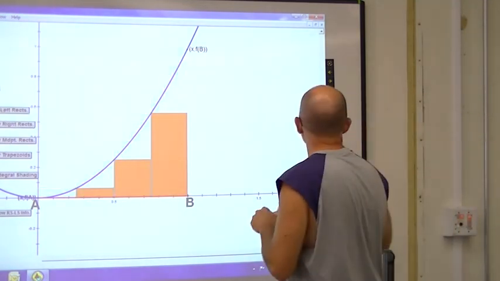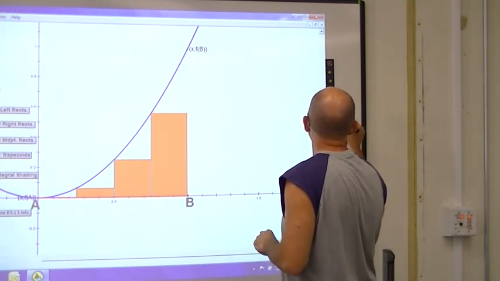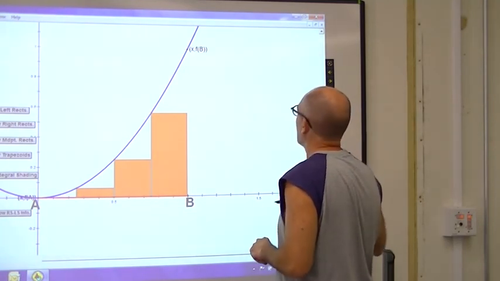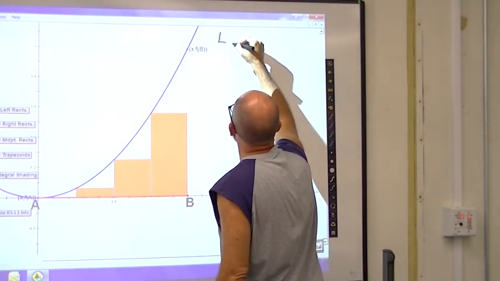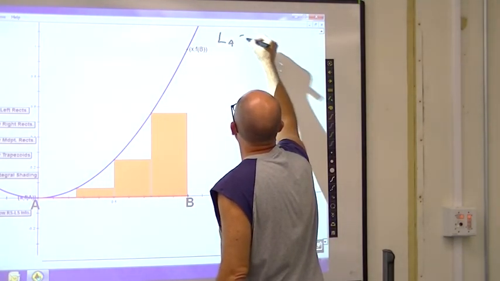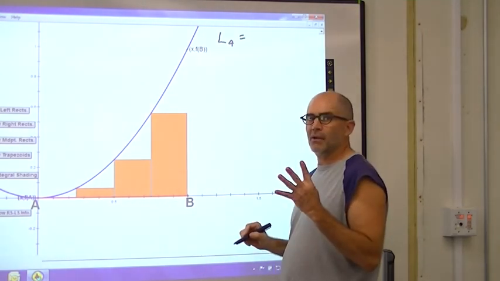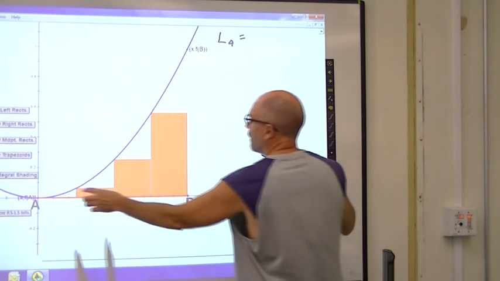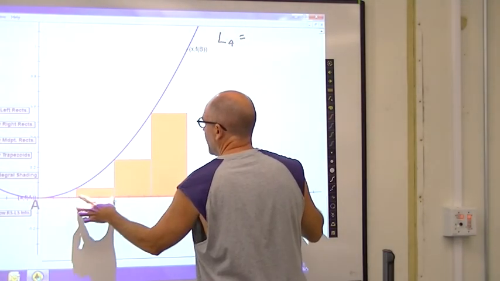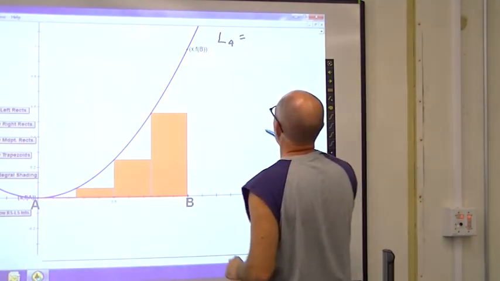So, for a left-handed rectangle, what we're going to do is L sub 4. That means 4 rectangles, all left-handed. So we have, notice the width of each rectangle is 1/4.